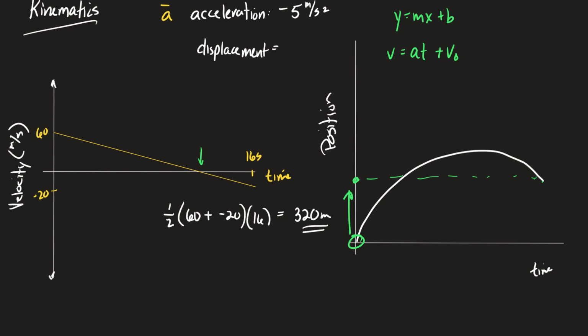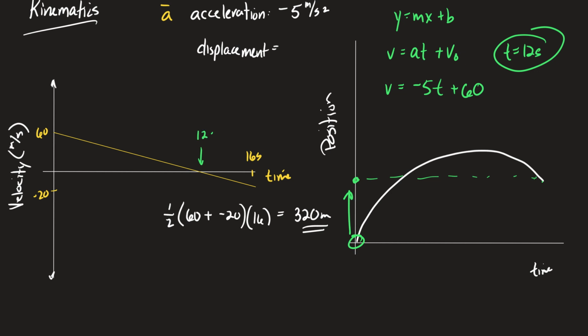And you know information about the function. You know v equals negative 5t plus 60. This is the model. From this model, you could use it to determine time. We want to find out the time when the velocity is 0. So plug in 0 for the velocity and solve for t, and you'll get 12 seconds. That is when the velocity is 0.